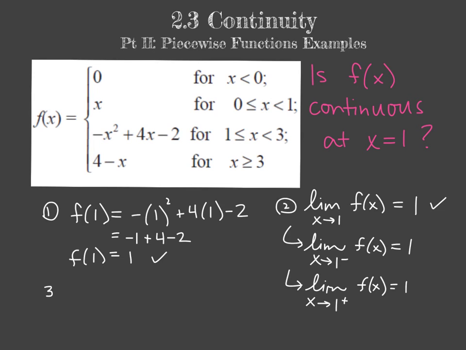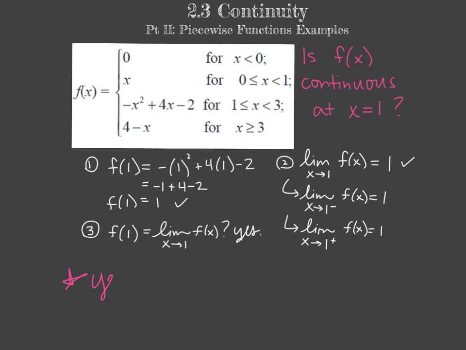The third step in our checklist for continuity at a point is, does our function value and our limit equal the same thing? Yes, that works. So is f of x continuous at x equals 1? Yes. Let's write out why.